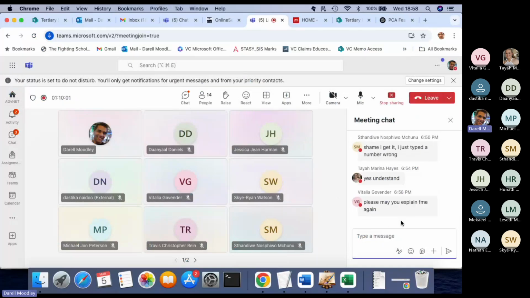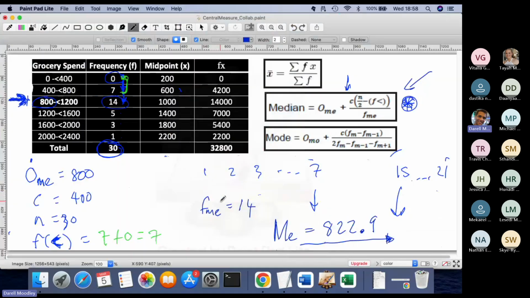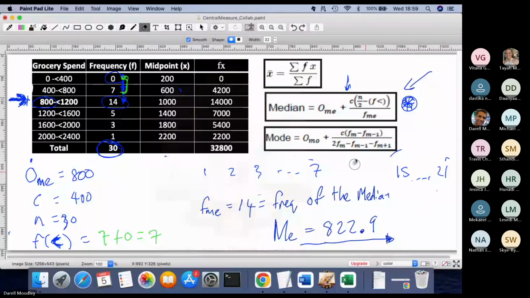Explain F_ME, no problem. F_ME, all it is, I'll write it out. This is the frequency of the median interval.